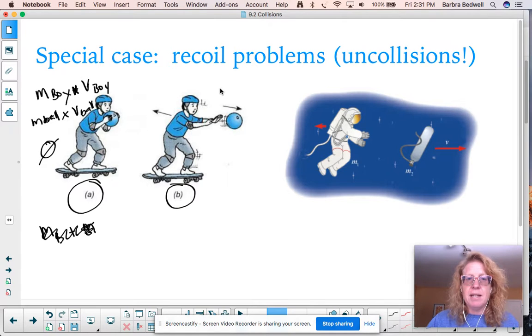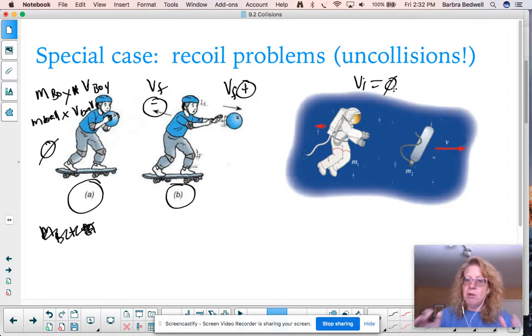And again, this is where the signs become really important. This is going to be the final velocity of the ball. If this thing is moving forwards, then the final velocity of the boy is moving backwards. The same thing is true of our astronaut problem right here. The VI of all of these problems is usually equal to 0. Our initial momentum is 0.